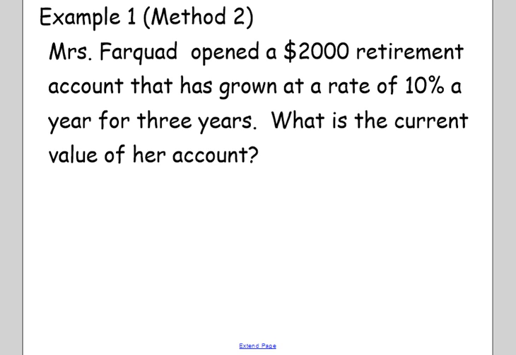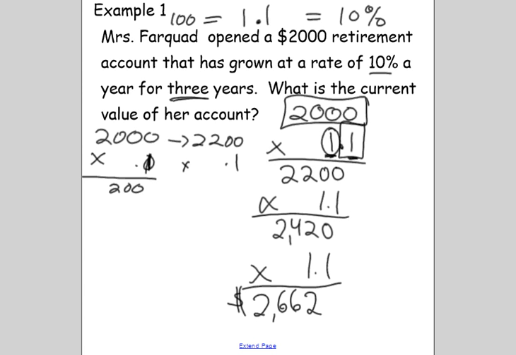Method 2. I wonder if I just showed you method 2 instead of doing method 1. All right, so I got ahead of myself. Basically, I'm showing you both methods at the same time, right? So this is method 1, where we take the percentage, we change it into a decimal, we multiply, we add, we start over, and do the addition.